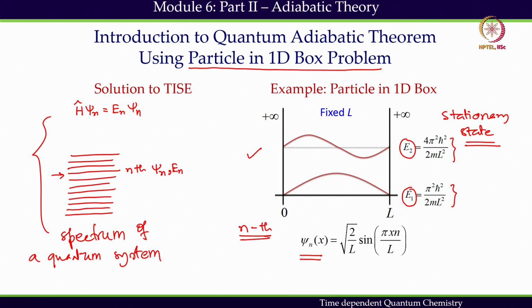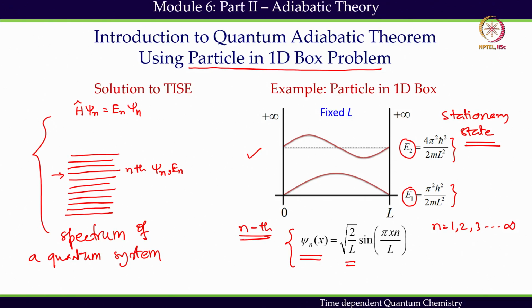Here n can be 1, 2, 3, this is the quantum number, and it can go up to infinity. So, all states can be explored from this wave function.